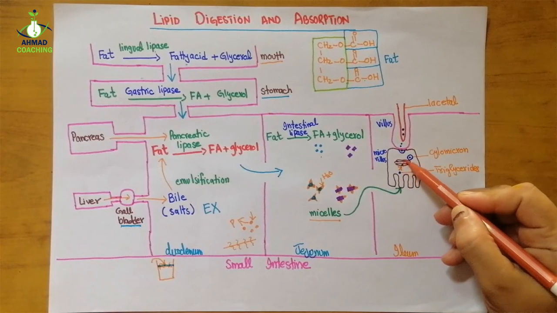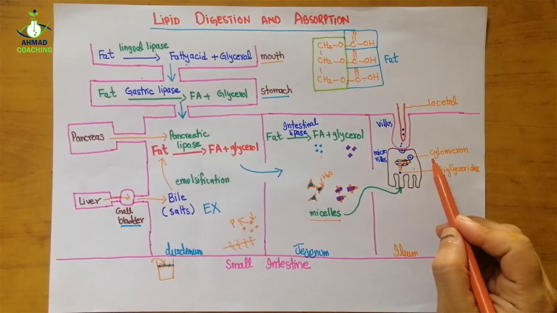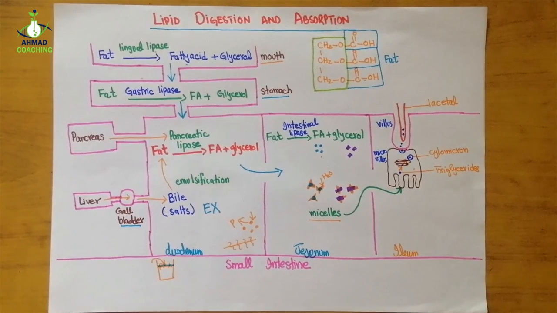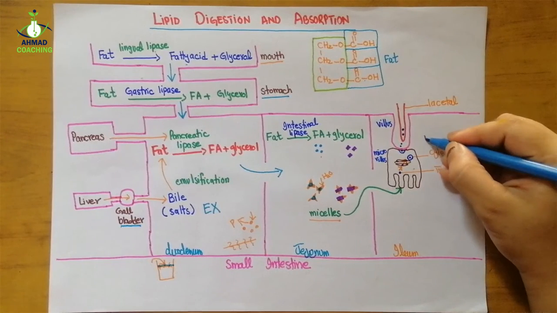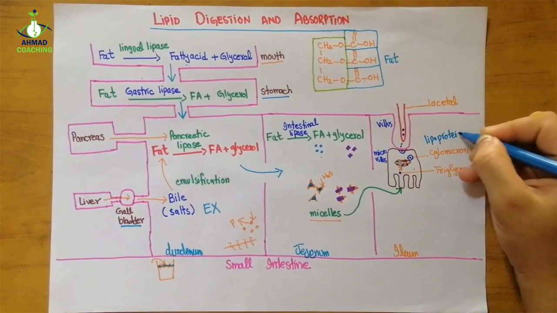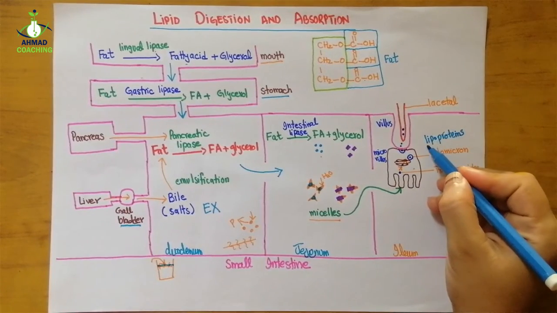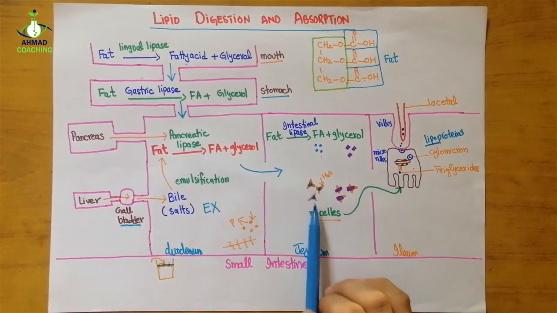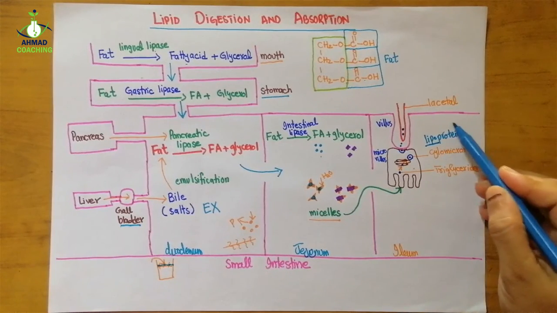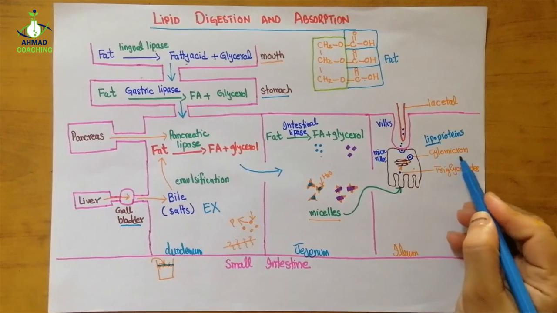Then this triglyceride will pass through the Golgi apparatus for packing, and when it passes through the Golgi apparatus, it will be transported out in the form of chylomicron. Now what are chylomicrons? The chylomicrons are actually lipoproteins. It means that the lipid which was coming from here is packed with the help of protein in the form of this chylomicron.